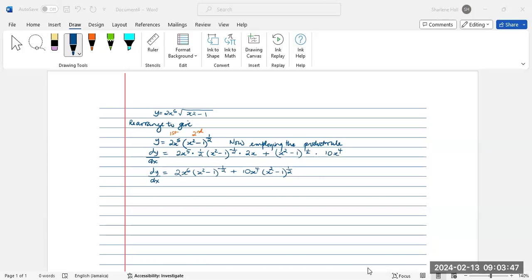When I factor all those, what do I get? 5x squared? No, what are my factors? Tell me the factors.